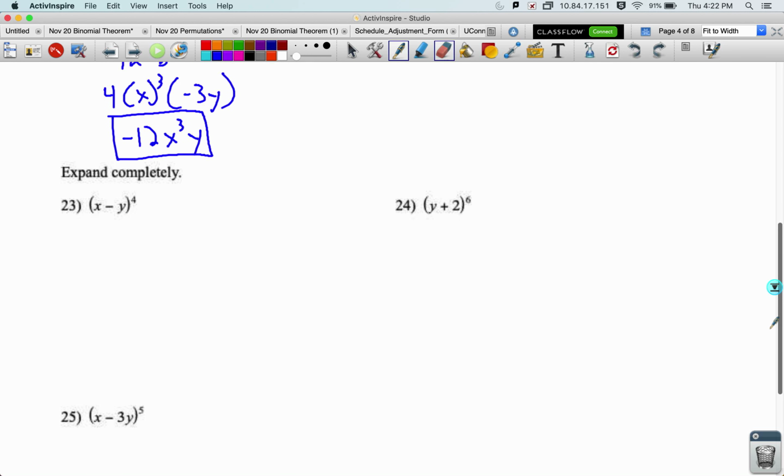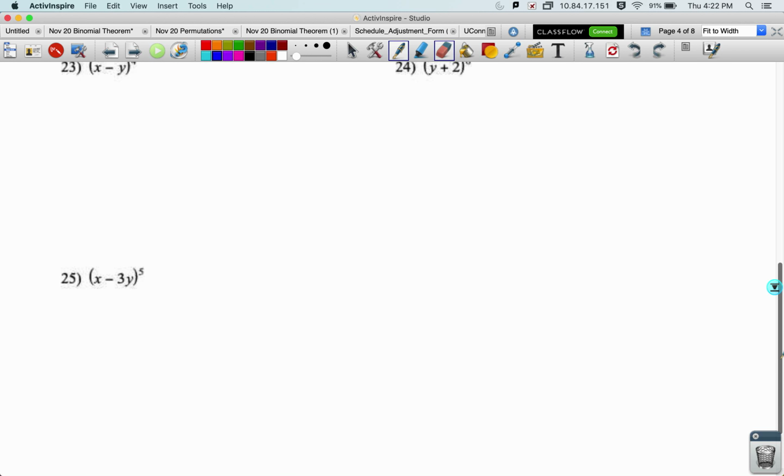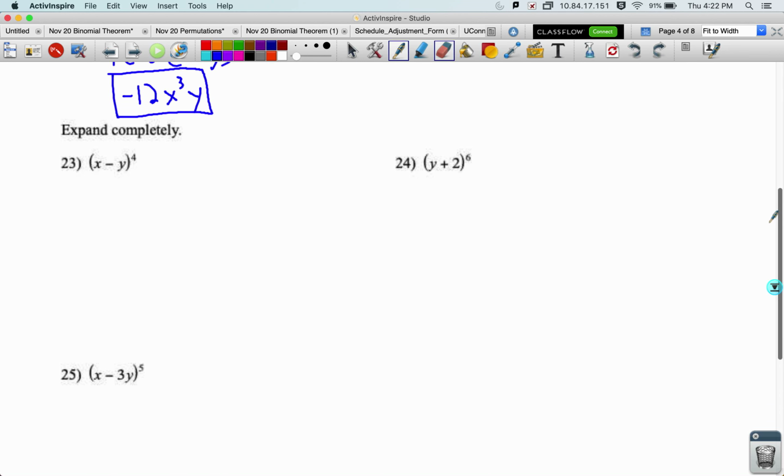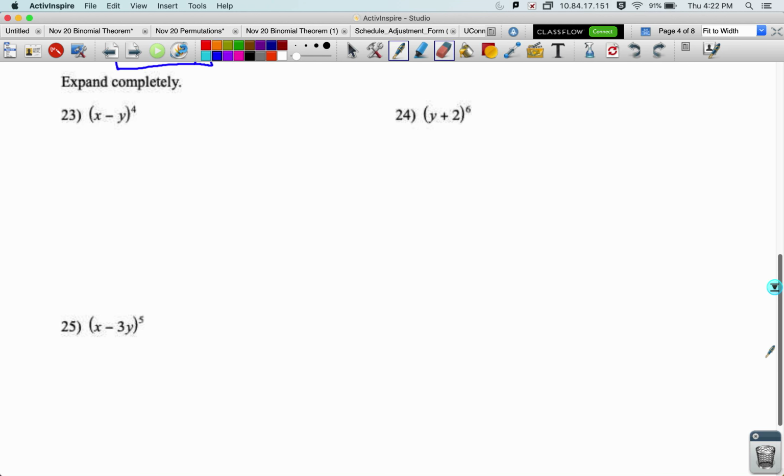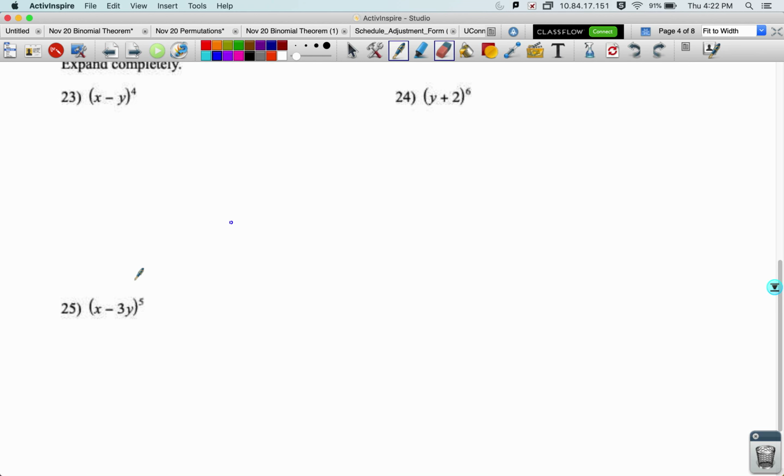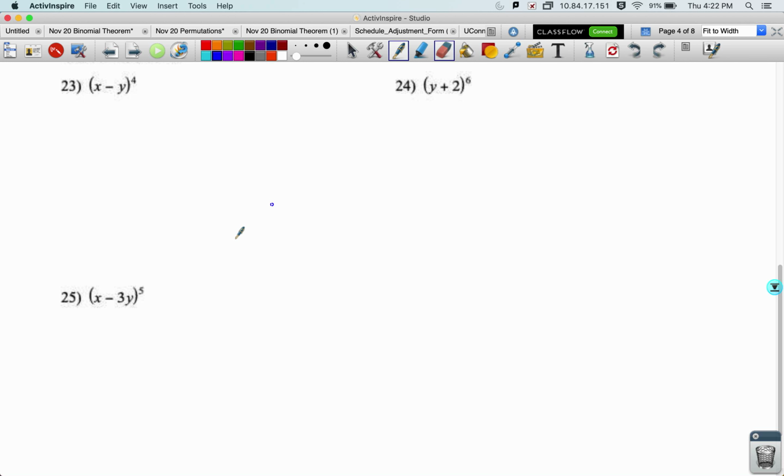All right, when we expand completely, let's do this bottom one to the 5th. I think it might be a little bit more challenging because of the 2 types of variables and the negative, although 24 looks a little bit challenging also because of that 6. All right, so I can use binomial theorem.